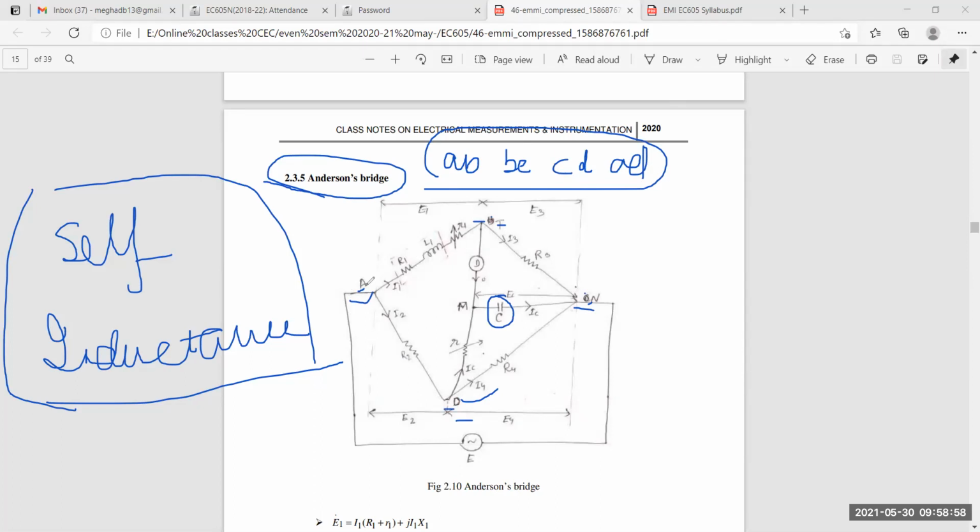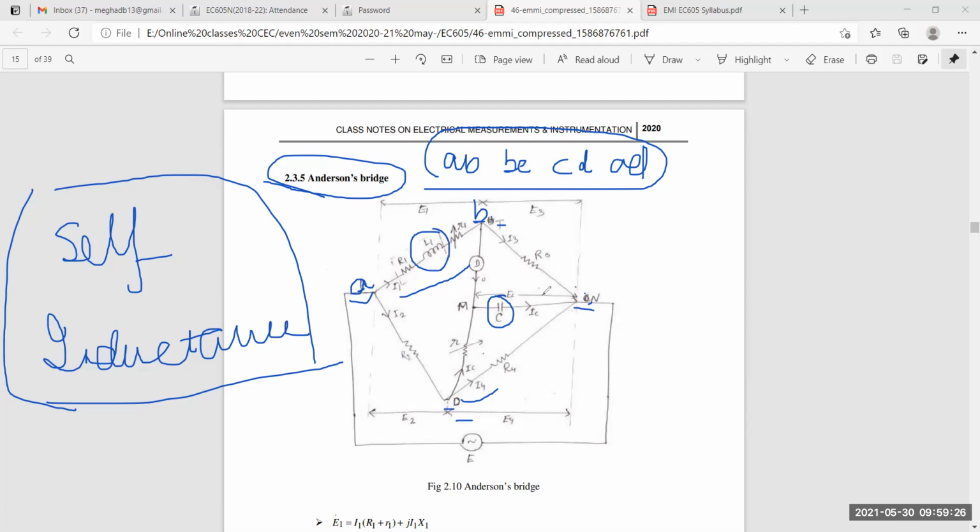This arm AB has an unknown inductance along with resistance. Which is the unknown inductance? This L1, which has internal resistance R1 variable and is connected in series with the circuit. So this is in the arm AB.